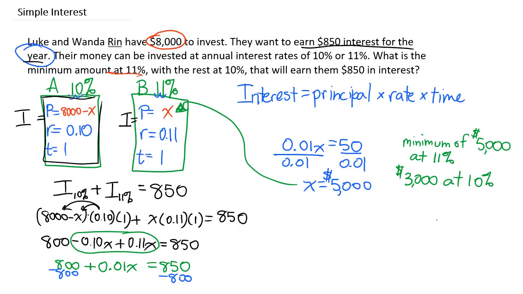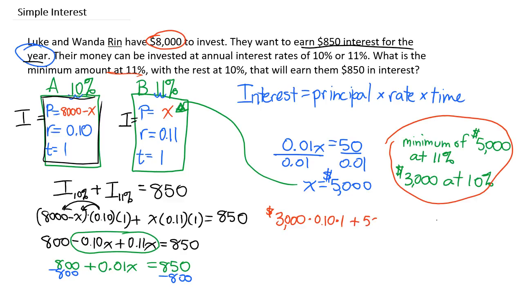What we're going to do is use this information here: the $5,000 at 11% and $3,000 at 10%. So we're going to plug in $3,000 times the 10% times the amount of time, which is 1 year, plus $5,000 times 11% times 1, and this should equal $850.